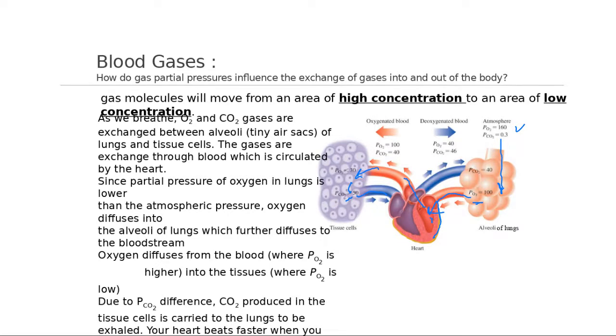The pressure of the carbon dioxide in the alveoli is 40, while outside, the concentration of the carbon dioxide is 0.3. So the carbon dioxide will diffuse to the outside from the high concentration to the low concentration. Through these pressures of carbon dioxide and oxygen, the gases are exchanged in our bodies.